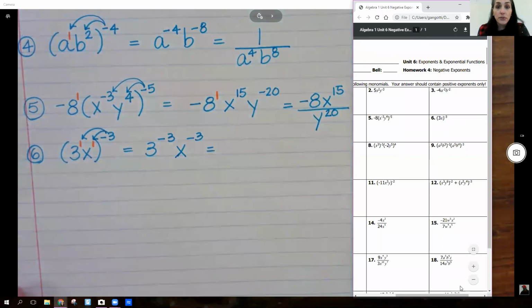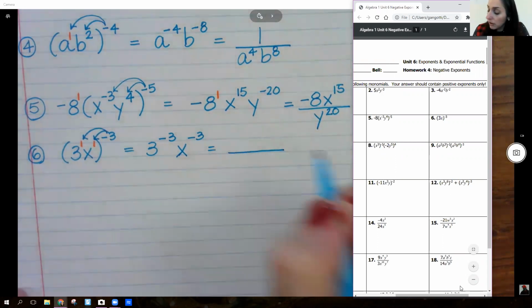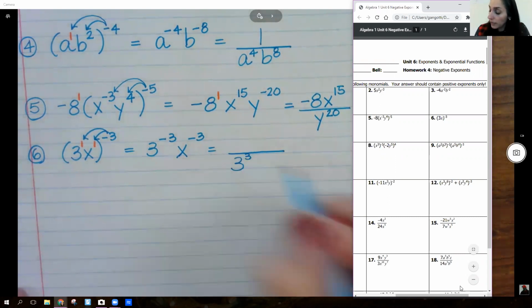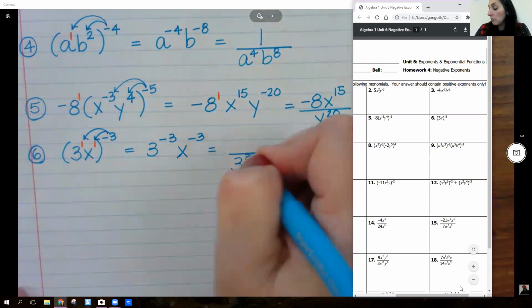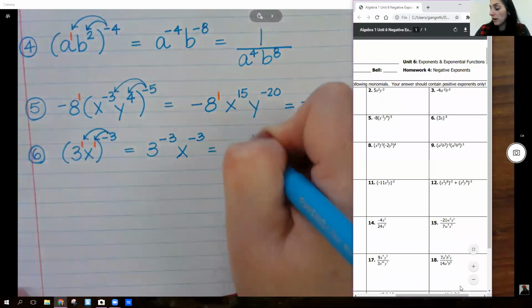Both of those bases, the 3 and the x, have negative exponents, so we got to fix that. Make the fraction bar, move it to the denominator, and throw the negative away. Put the x in the denominator and throw the negative away. Put a 1 on the top.